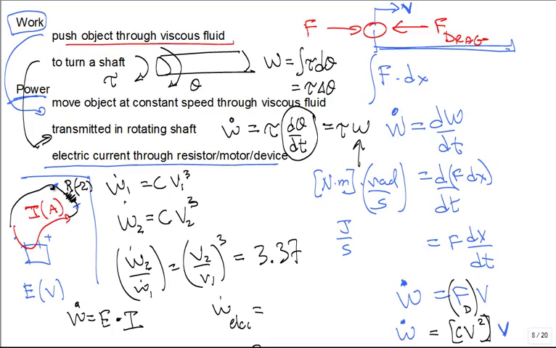All right. I have the current through the resistor, true? What is the power dissipated in the resistor? Voltage drop times the current. That's all. True? So it's also equal to E times I. True?